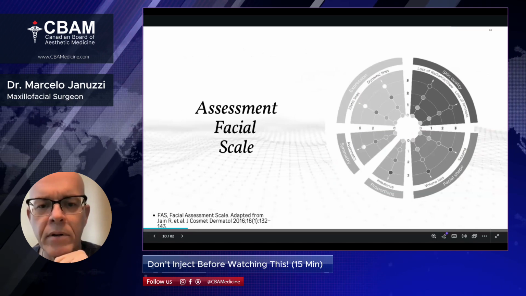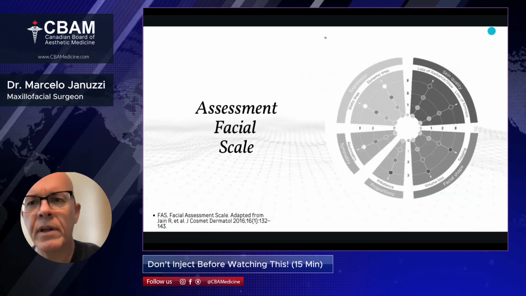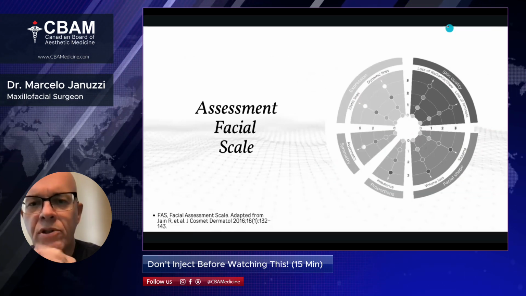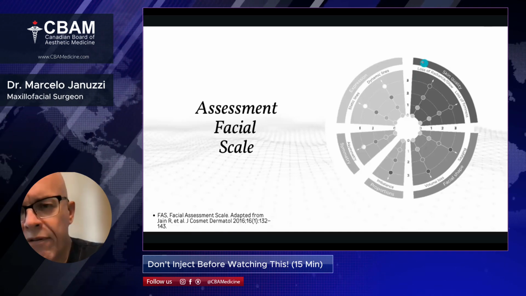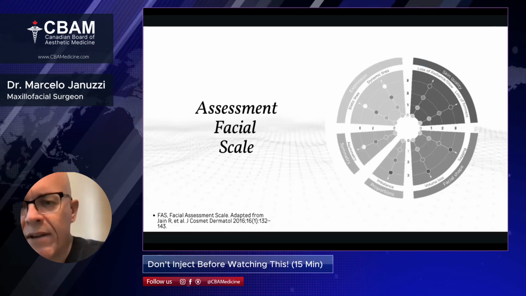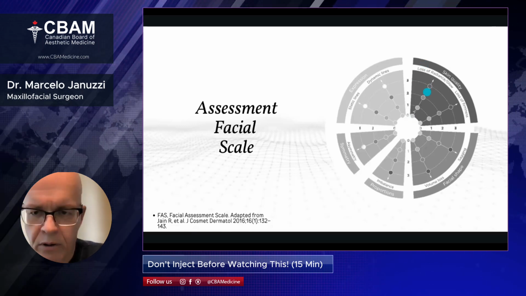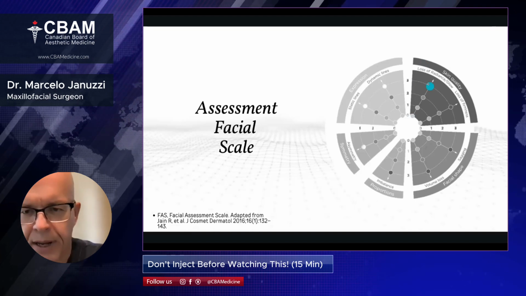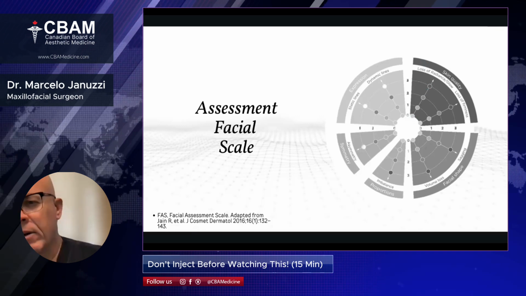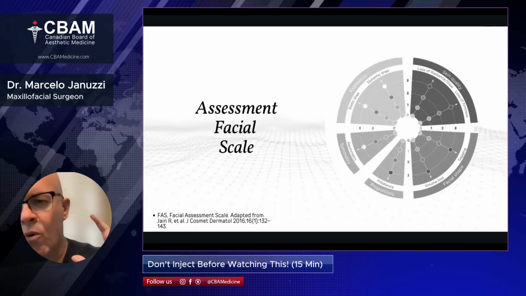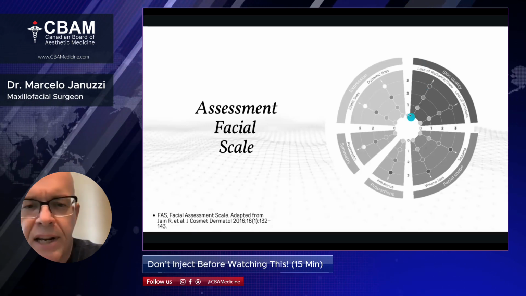I normally use this facial assessment scale where we can, with the patient, qualify from worst to better, and better to worst, up to number 3. 0 is a very interesting radiance and glow of the skin, so the patient with 0 does not need any type of treatment.